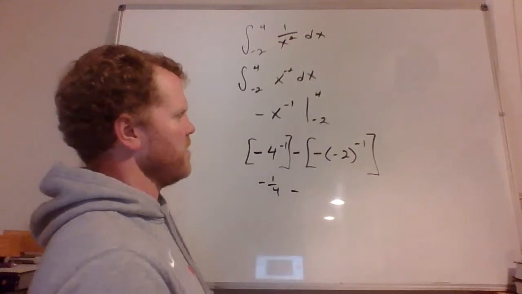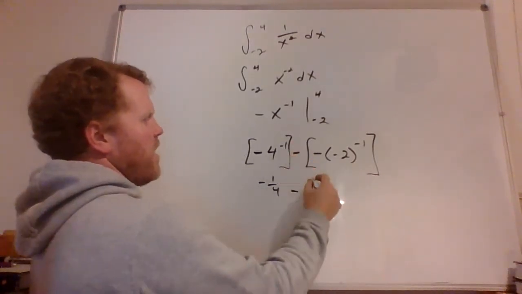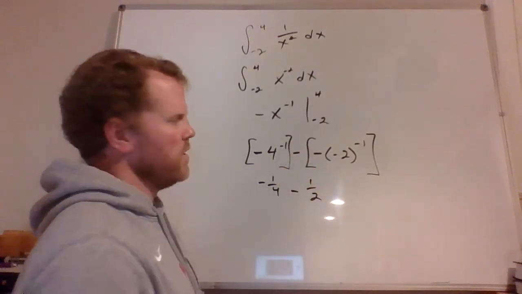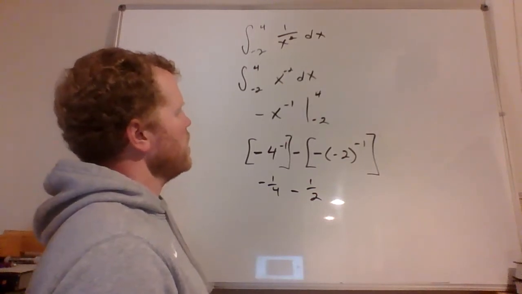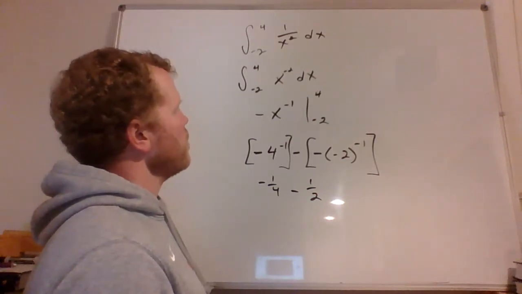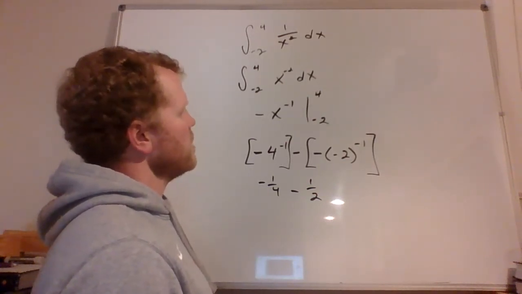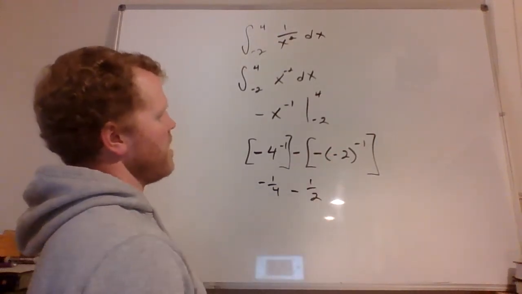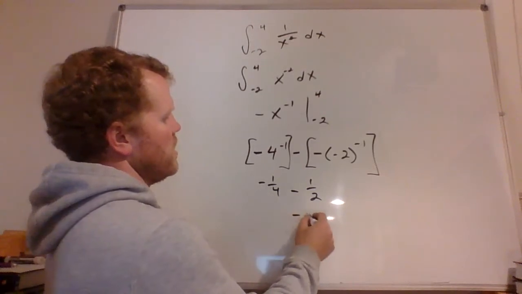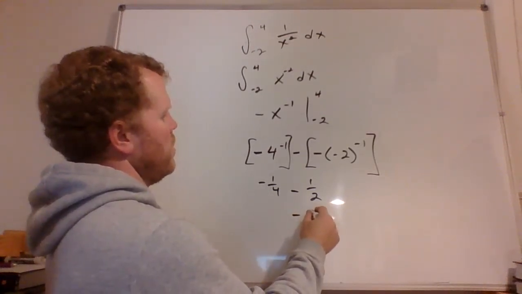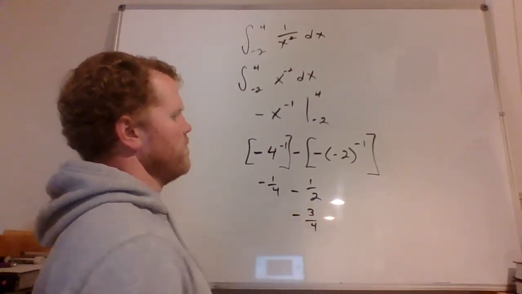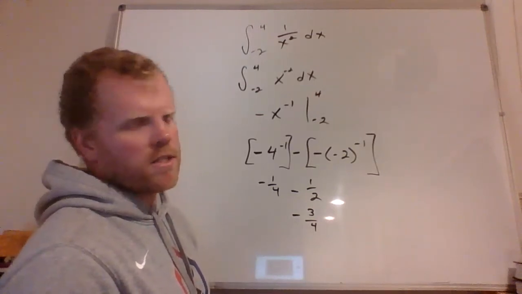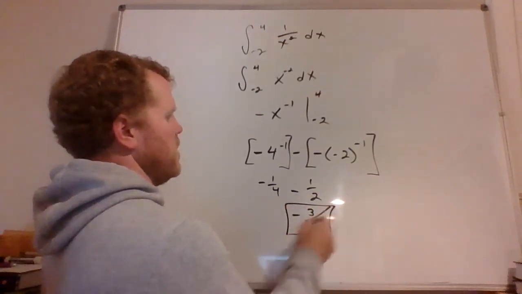Now it's positive 1/2, but then right back to negative 1/2. And then we get negative 1/4 minus, minus, this is plus, now back to minus, negative a half minus negative a fourth is negative 3/4. And it's easy to put a box around this and say this is the answer, except it's not.